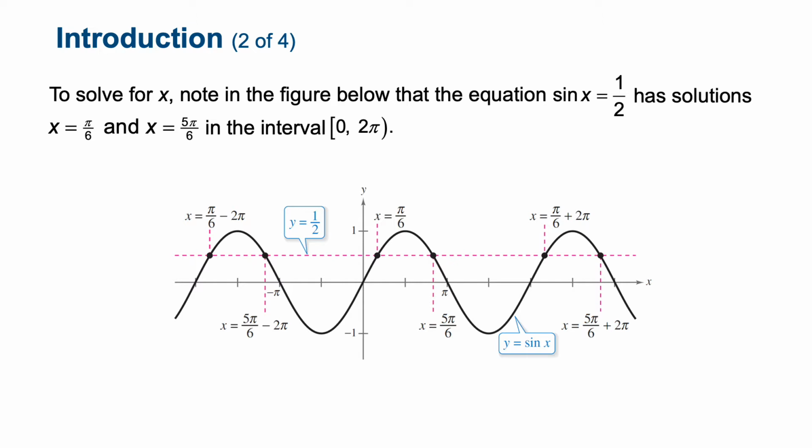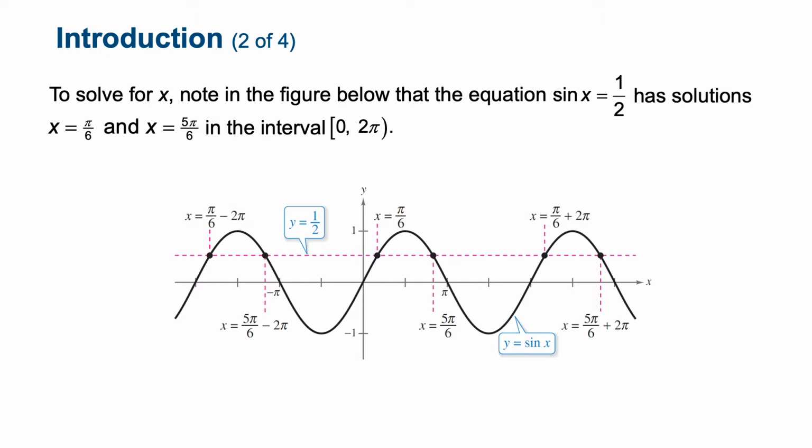Here is our sine of x graph. You see the entire period, 2 pi here, and then 2 pi here, y equals sine of x, 0 to 2 pi, but it's periodic, so it keeps going over and over again. If you graph the line y equals 1/2, the values of x where sine of x equals 1/2 are your answers. Those are your solutions.